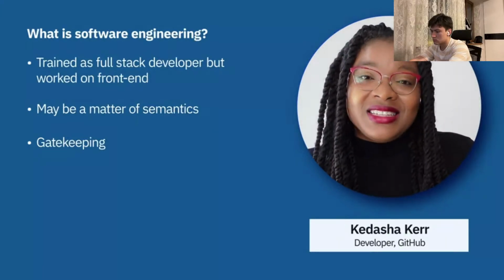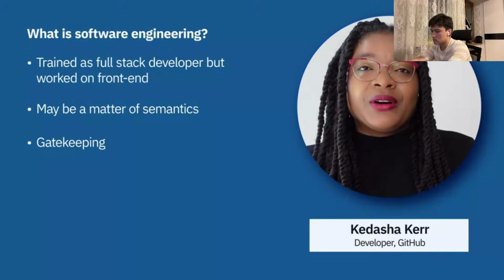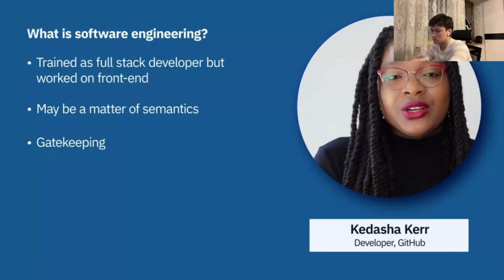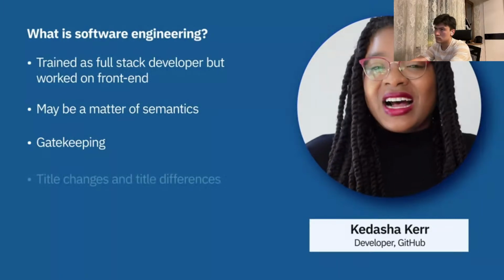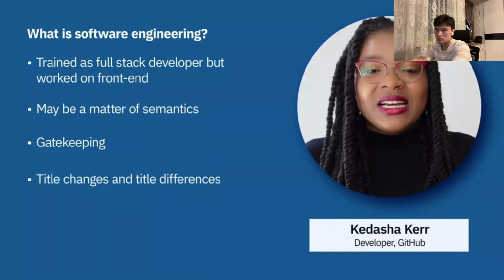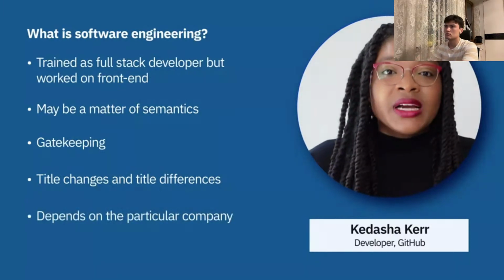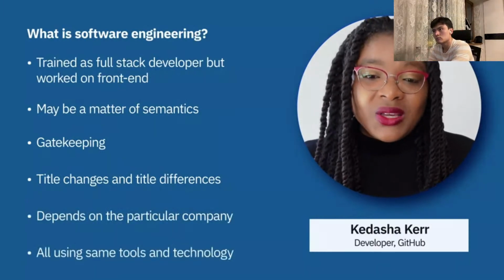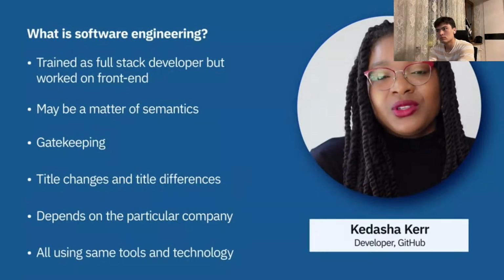Somebody who has studied CS may argue differently from me, but as a person with a non-traditional path into the world of software engineering, I only see it as title changes and title differences, and I think it depends on what company you work for, because at the end of the day, we're all using the same tools and technology to get the product shipped to production.